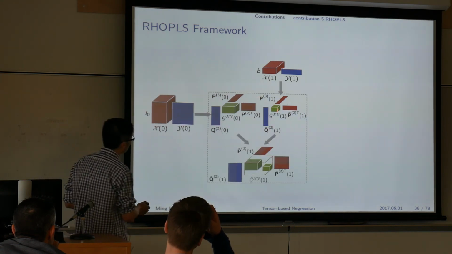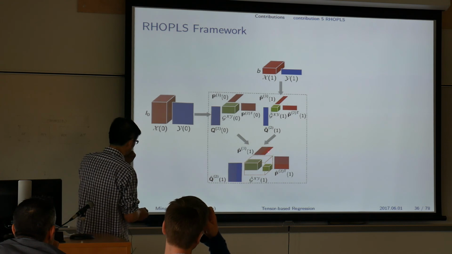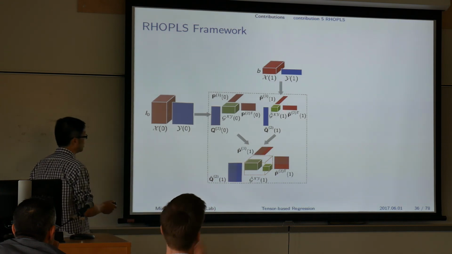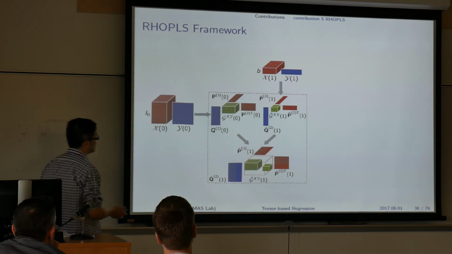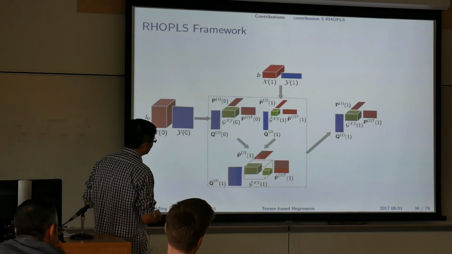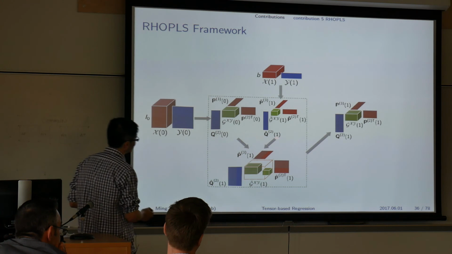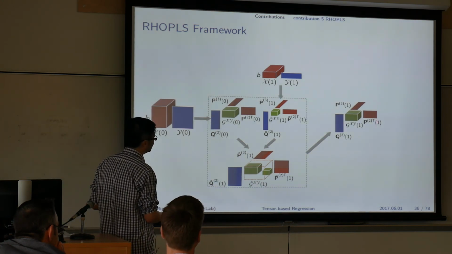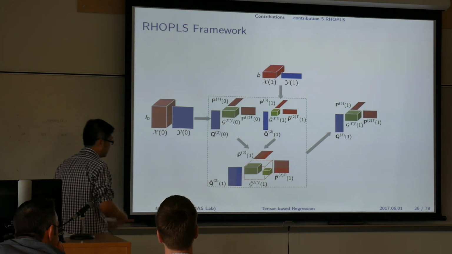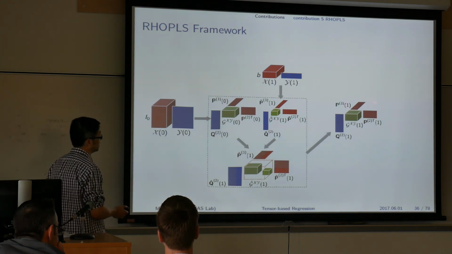Then we append this set of incremental factors to the set of old factors to get a set of augmented factors. After that, we truncate these expanded factors into factors that lie in the space with the original dimension.